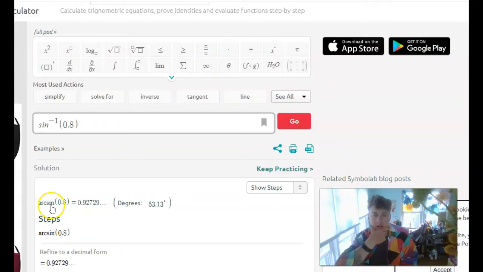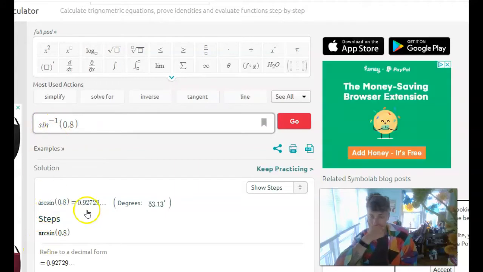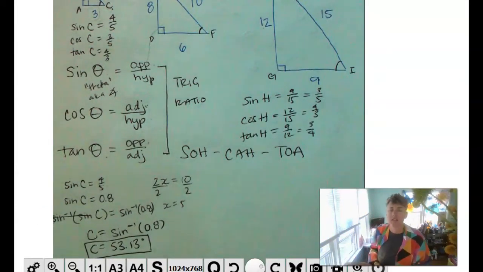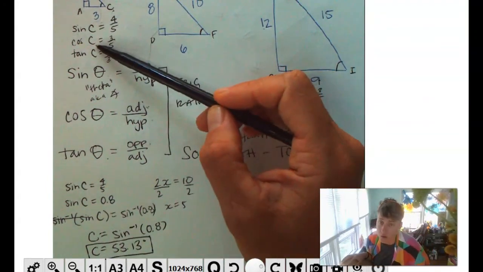Arcsine is another name for sine inverse, and that tells us that C is 53.13 degrees. Now, actually, we could have gotten this information if we used the cosine or the tangent.